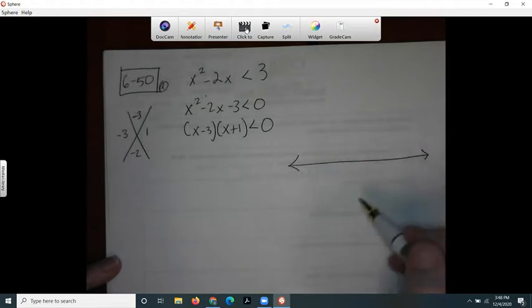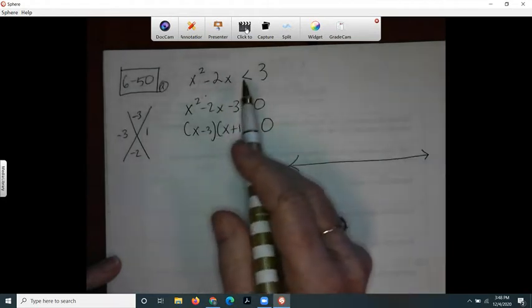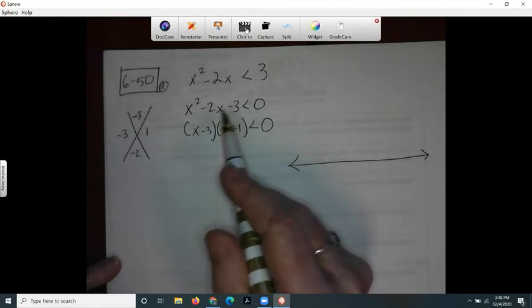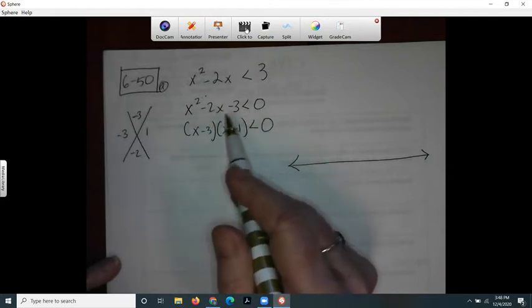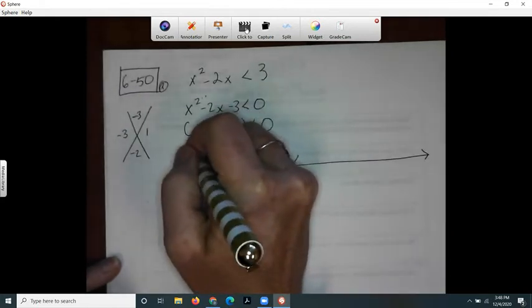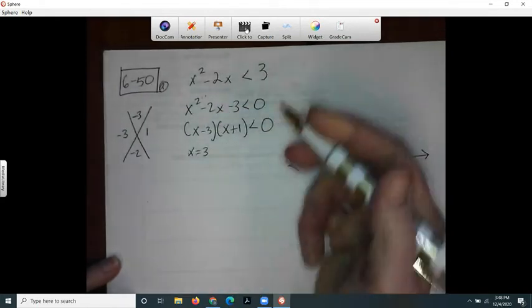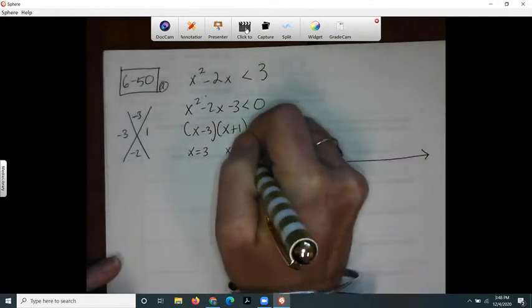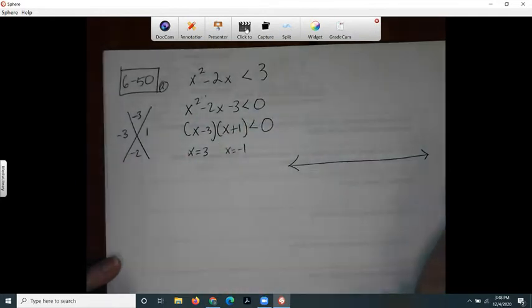I don't know if you realize it, but this thing is a parabola. If I had to guess what this parabola looks like, I would guess that it crosses the x-axis at 3 and -1, so it probably looks something like this.